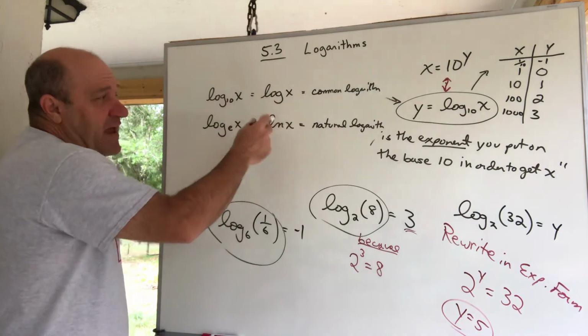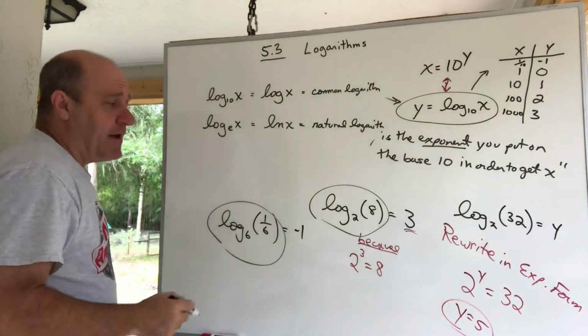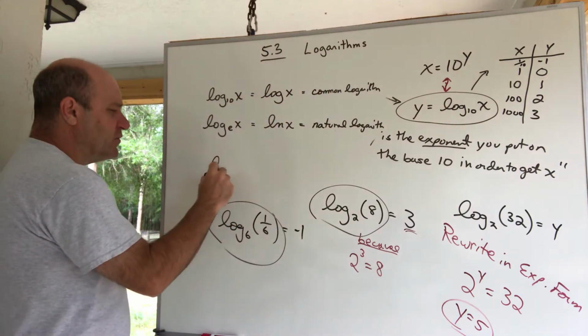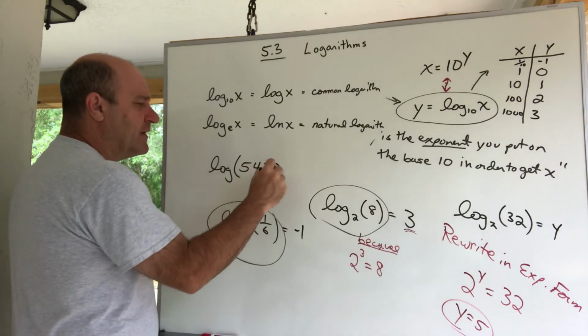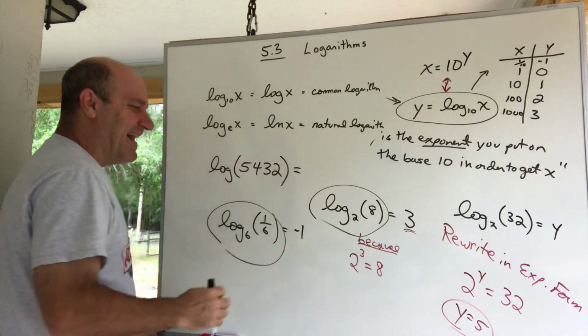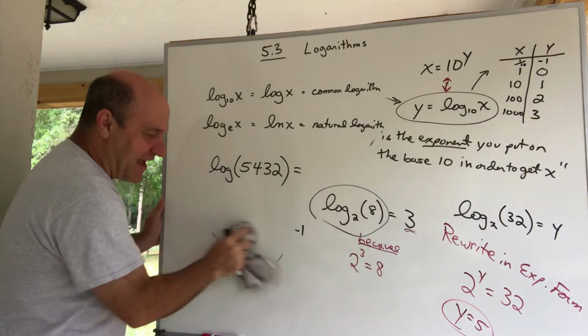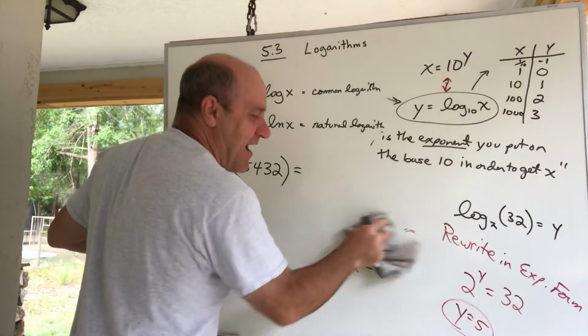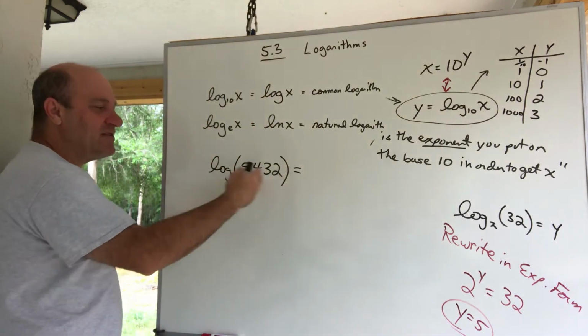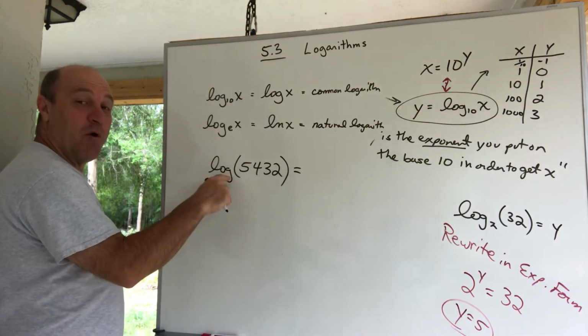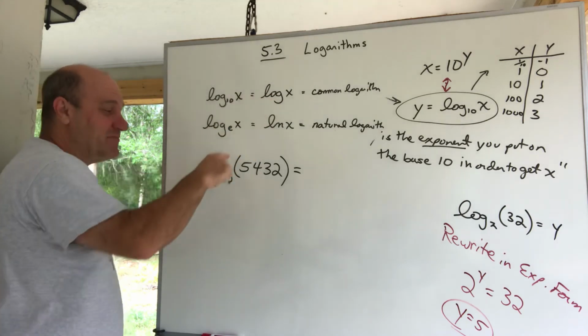So these are famous buttons on your calculator. You could try this. What's the log of 5,432? That's not one I figure out in my head, although you could play this game. What is the base? Oh, it's base 10.